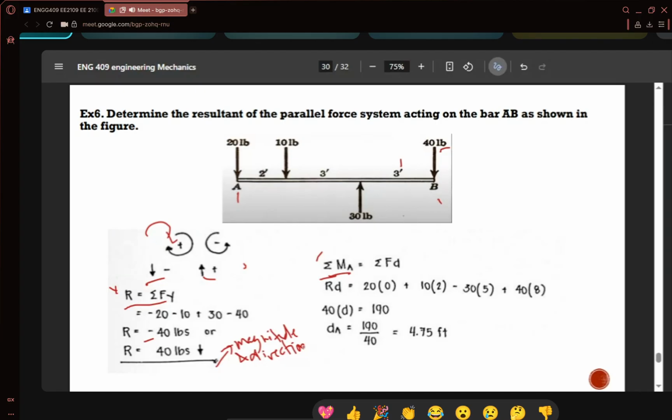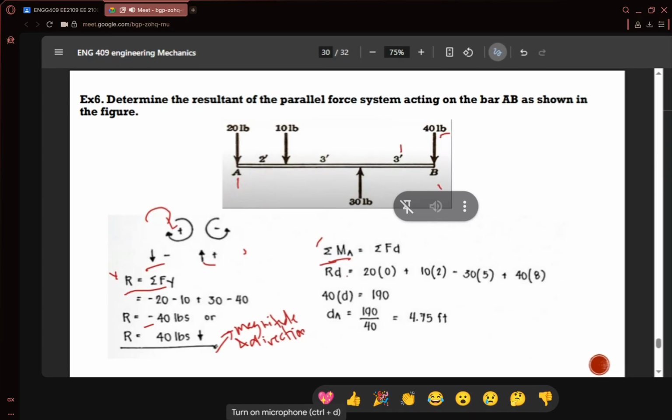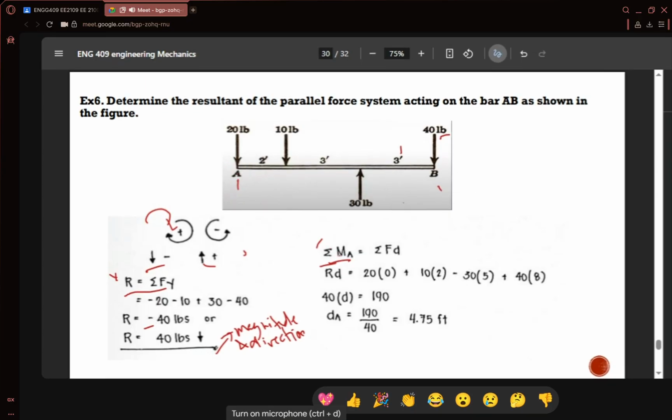Now, what about the position? Okay. So for the position, again, it's not specified. So we're going to assume the position will be from point A. So we will do the summation of the moments at point A. Okay. Summation of moments at point A. So again, this is equal to the summation of the forces times the distance. Okay, force times distance.